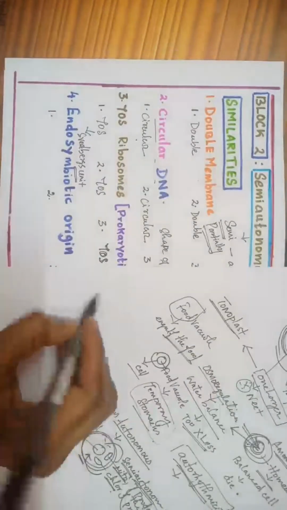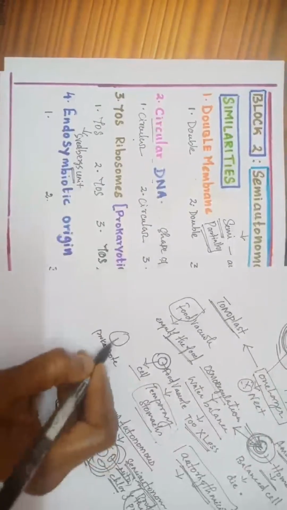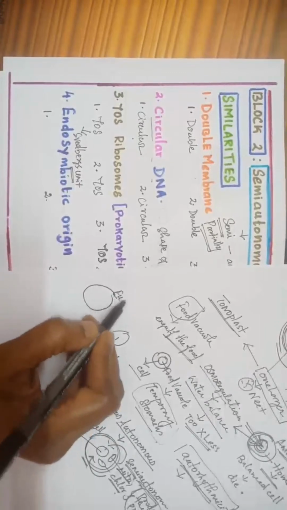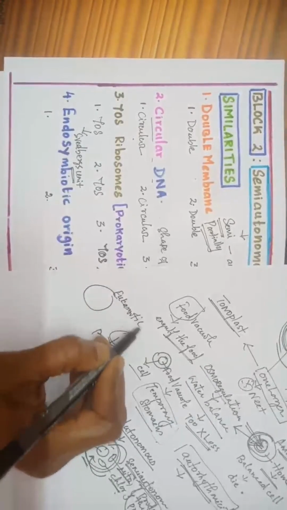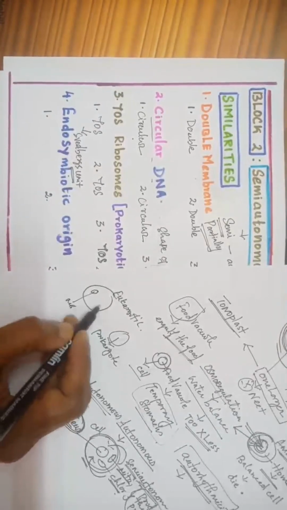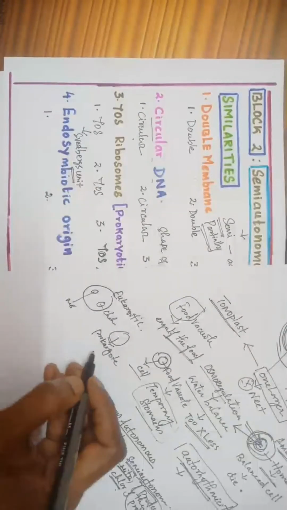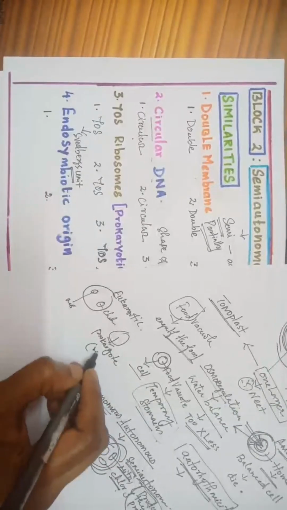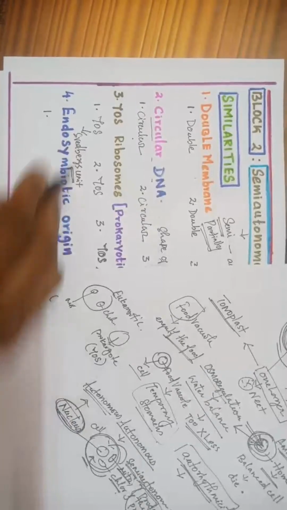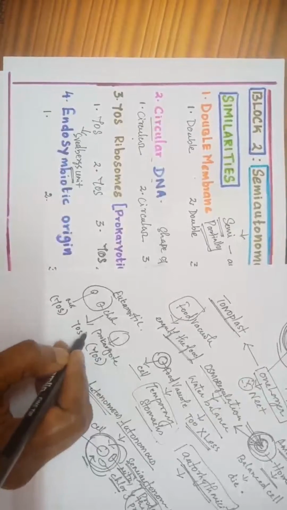See, this is a prokaryote, a prokaryotic cell, a bacteria or whatever. This is a eukaryotic cell. Inside this eukaryotic cell you have mitochondria and chloroplast. What is the ribosome here? 70S ribosomes, as we just saw.